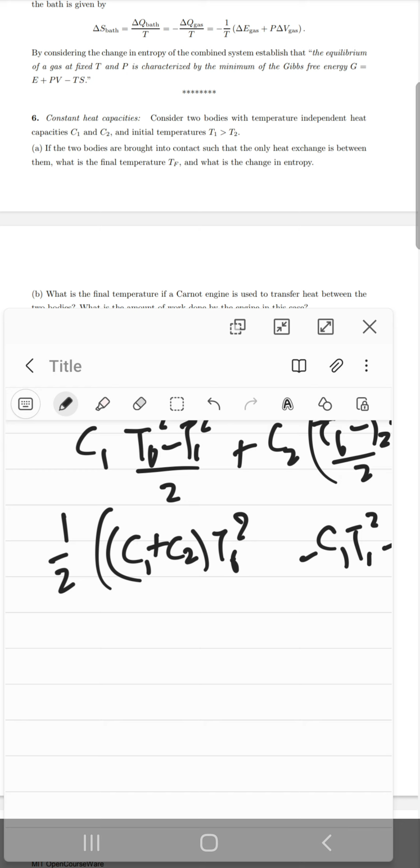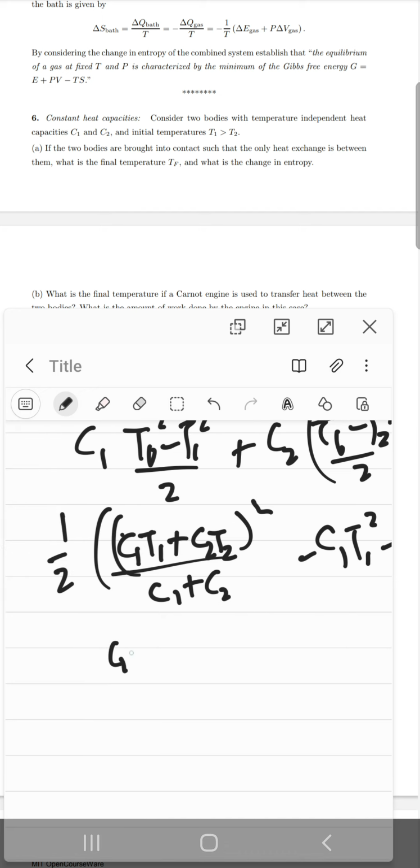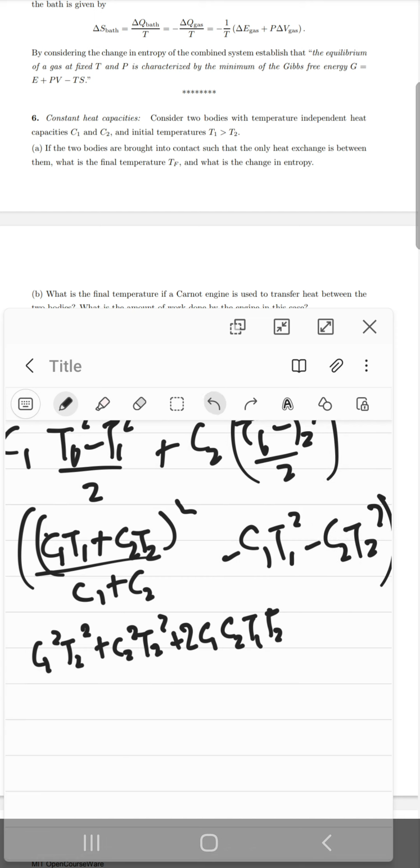So you can convert this, and now it will just be this quantity c1 t1 plus c2 t2 squared upon c1 plus c2 basically. And I guess we can expand this, so just get c1 squared t1 squared plus c2 squared t2 squared plus 2 c1 c2 t1 t2. This whole thing is upon, yeah, we'll deal with that later.